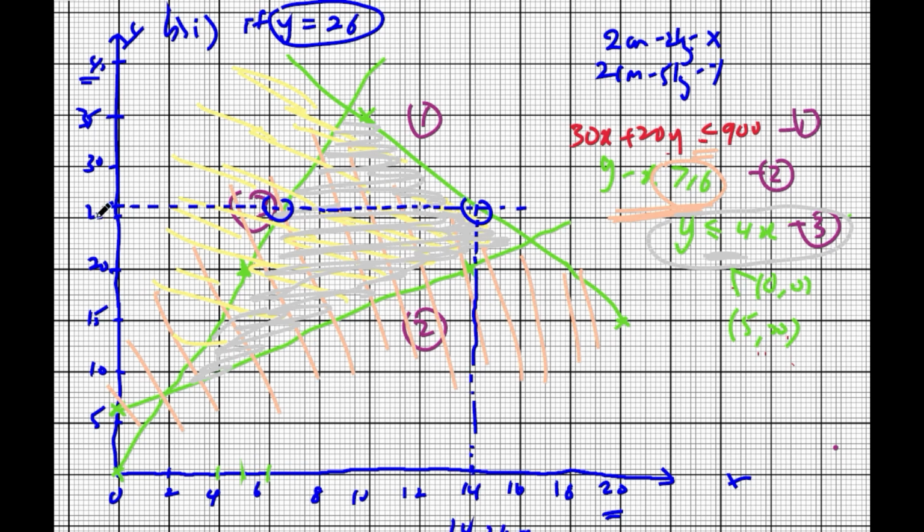So if he already bought 26 kg, he can buy 2 kg minimum, and this is the maximum number that can be bought. So 14.2 kg of prawn is the maximum.